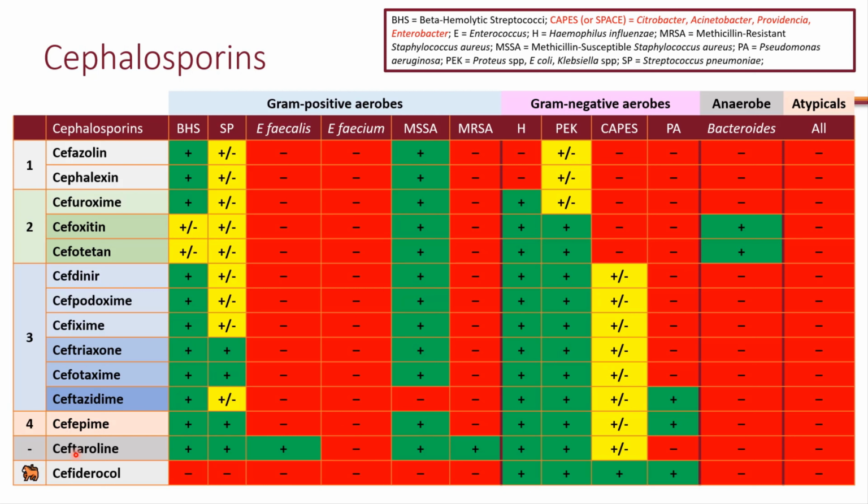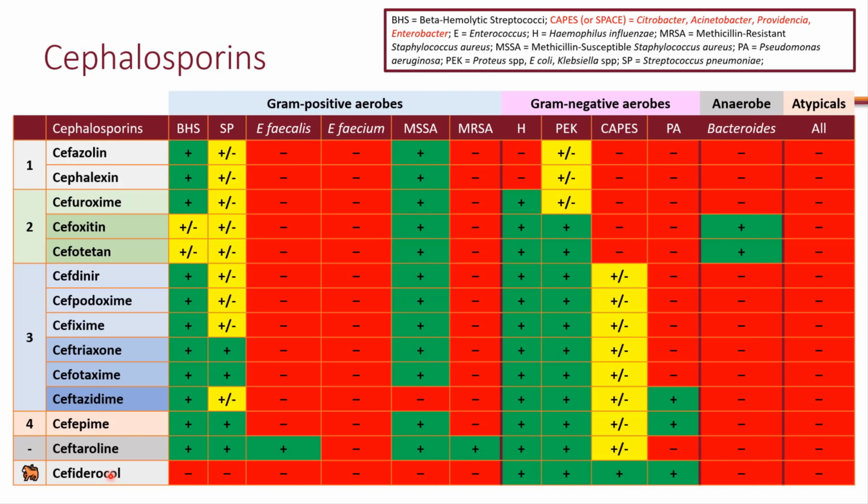And ceftaroline, which some people would call fifth generation, and others would call anti-MRSA cephalosporin, because it's the only cephalosporin in the US with MRSA activity, and it also has activity against E. faecalis, and good activity against gram negatives, but the only hole in it when it comes to gram negatives is that it does not cover Pseudomonas. So that's one shortcoming of ceftaroline.